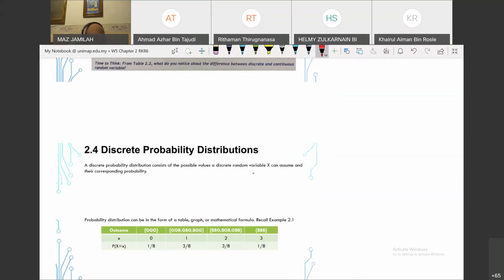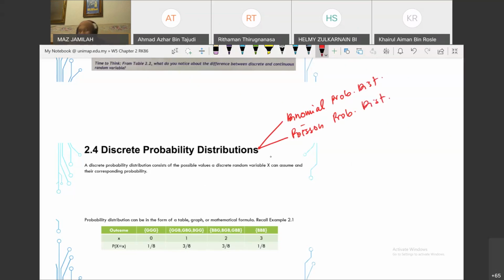Okay, if no, then we go to discrete probability distribution. We know under discrete probability distribution, we may have binomial or we can have Poisson, binomial probability distribution or Poisson probability distribution.